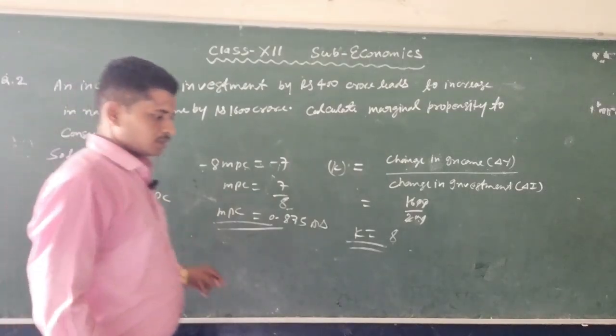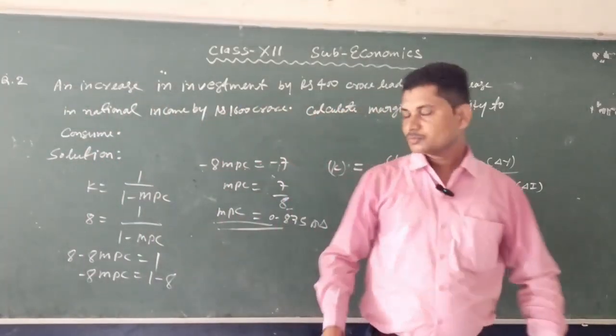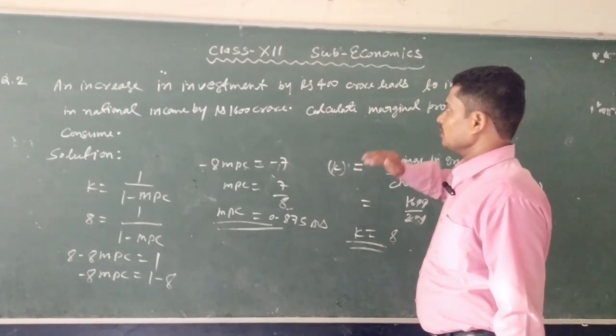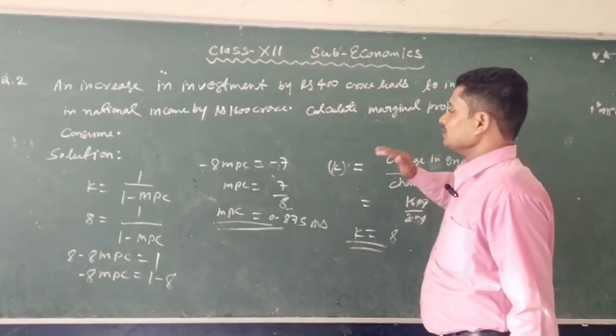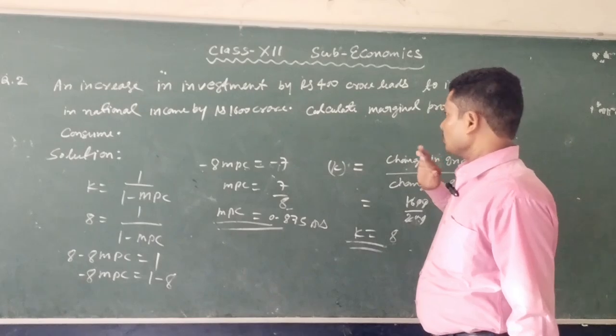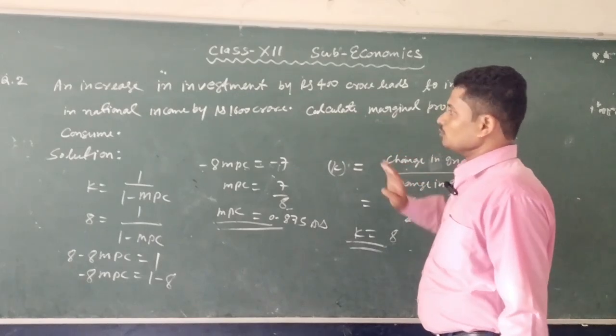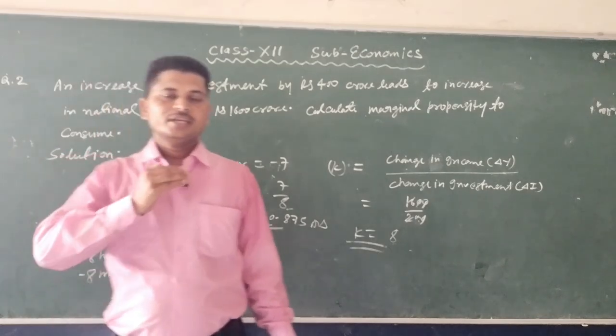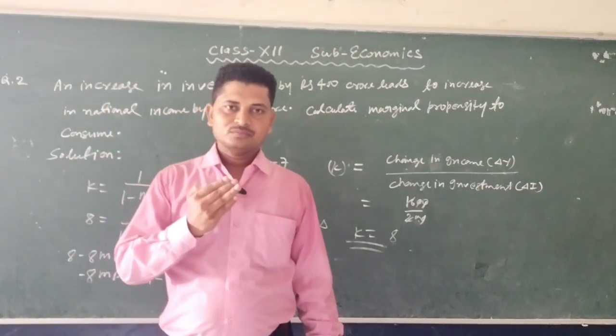Again, I explain this question. In this question, change in investment and change in national income are given. Calculate marginal propensity to consume. First, we calculate investment multiplier.